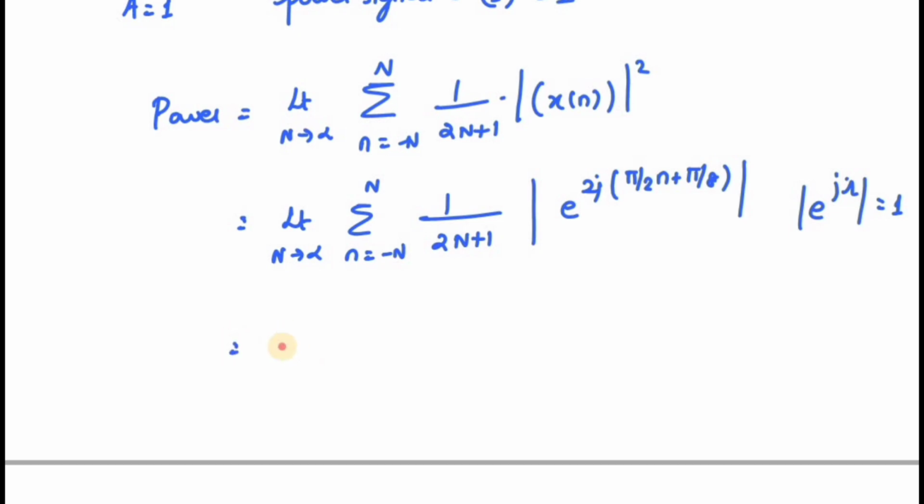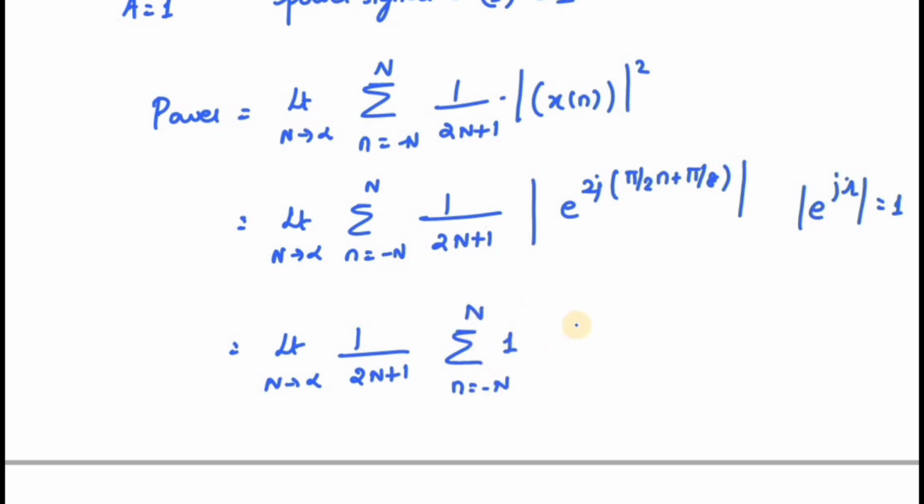So you will get limit n tends to infinity 1 divided by 2n plus 1, times the summation from n equal to minus n to n of 1.